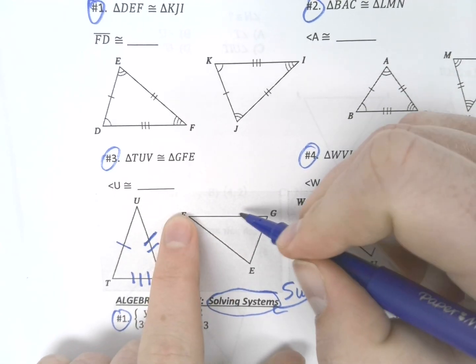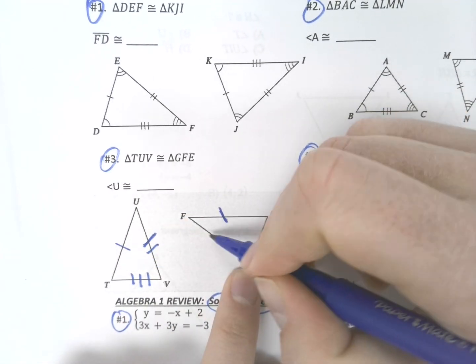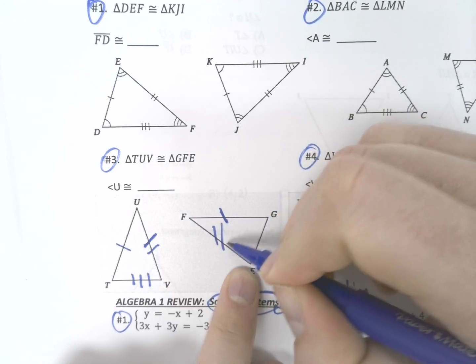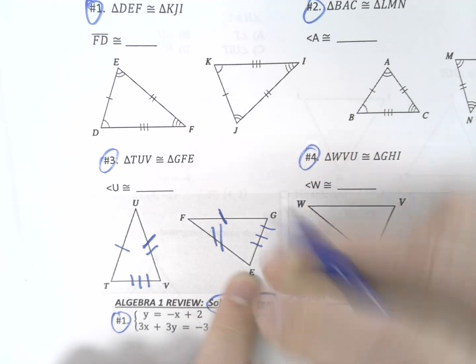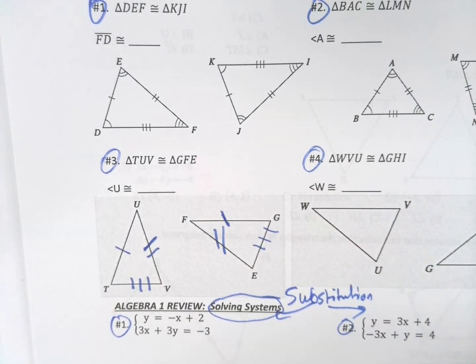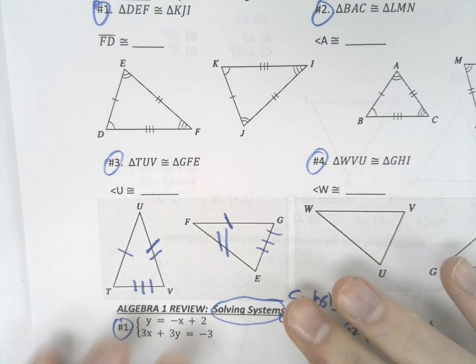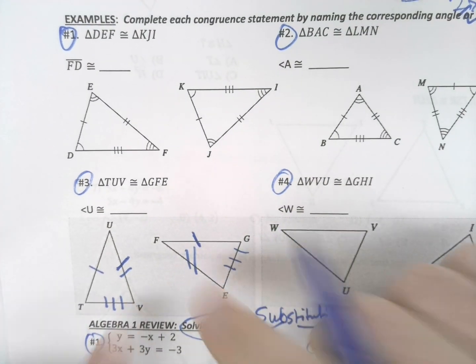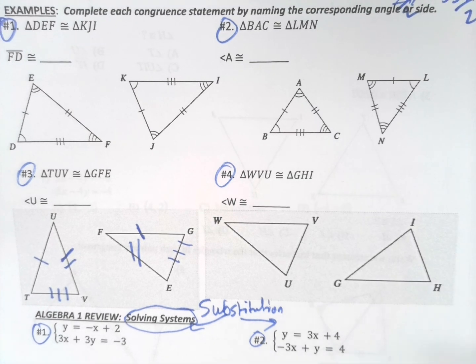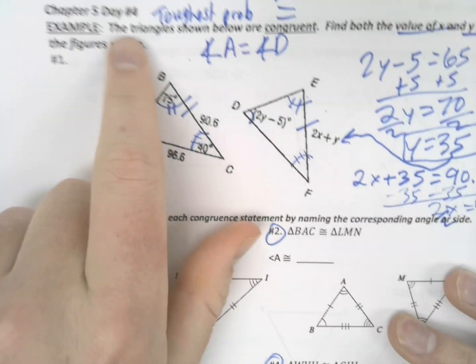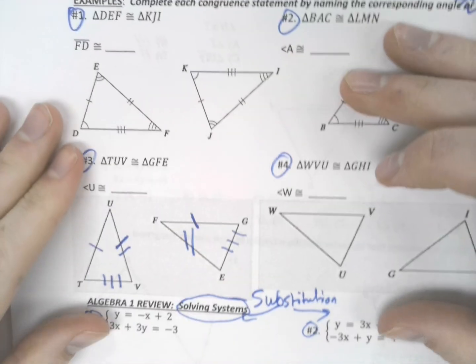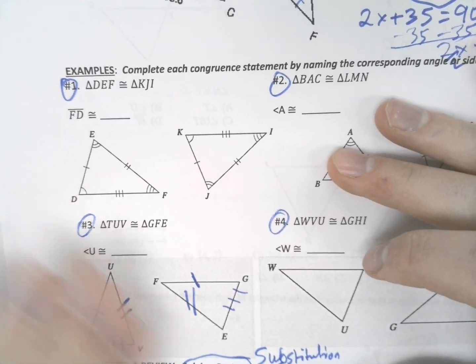G to F, F to E, and then E to G. If that can help you, I think that'll really help you a ton, as far as if the triangles aren't labeled, doing that to help yourself out. But guys, like I said, very short day. It's a mini lesson. So we have these 6 problems right here that I want us to focus on.